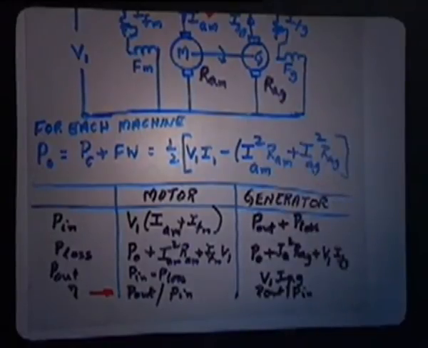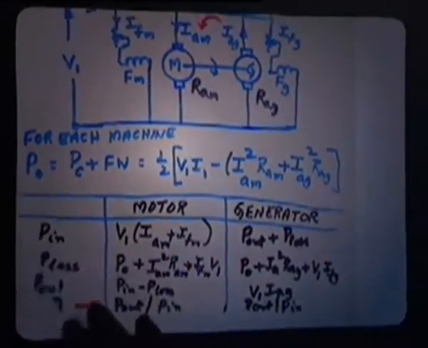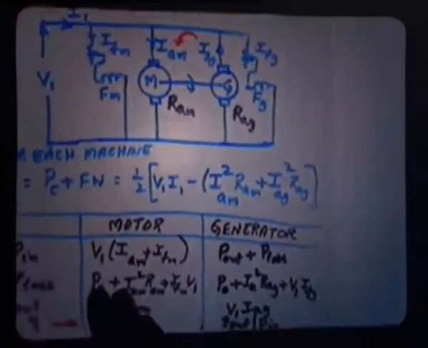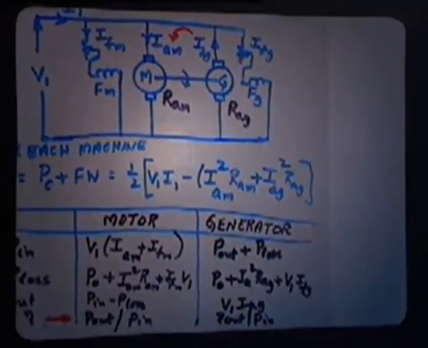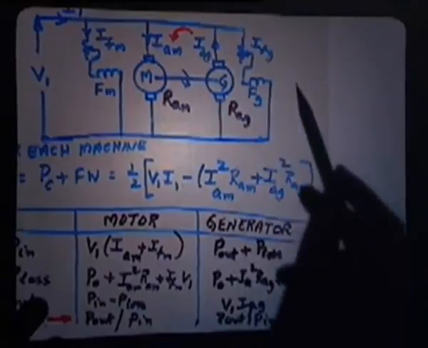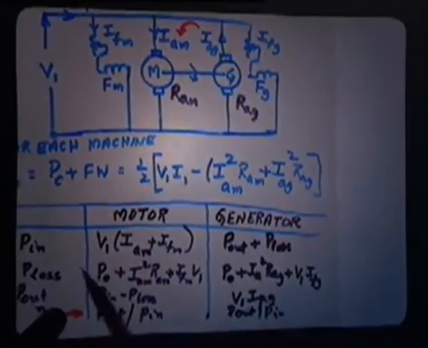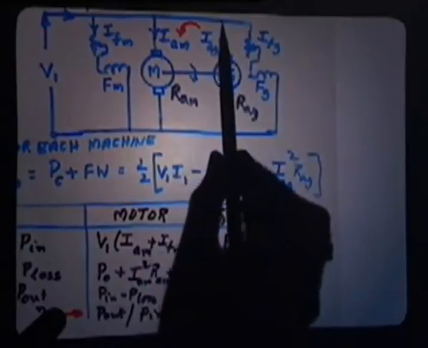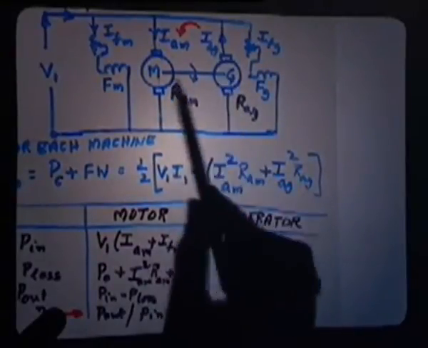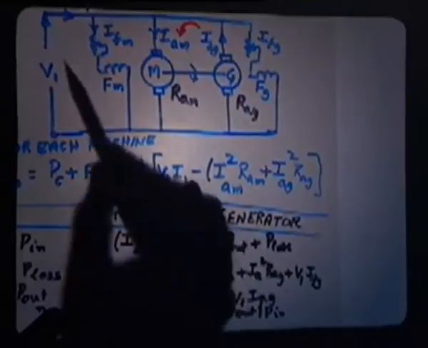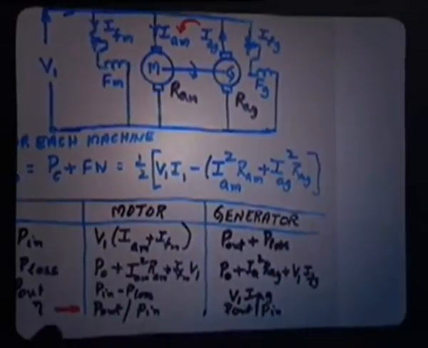Similarly for the generator. The power input to the generator will be the power output plus the losses, because this is giving out power. What is the power output?